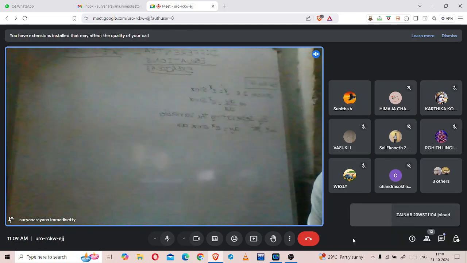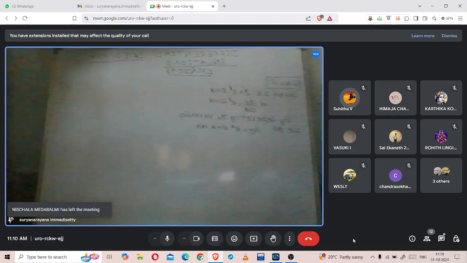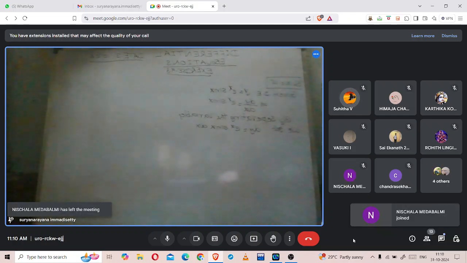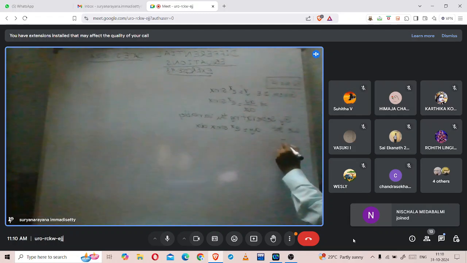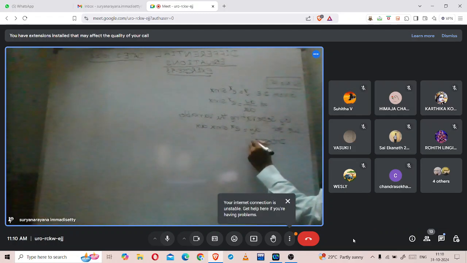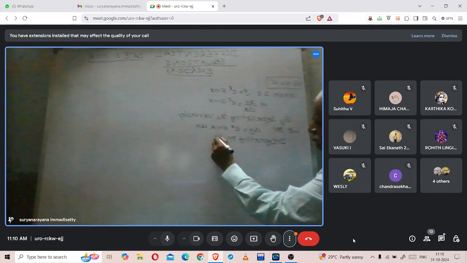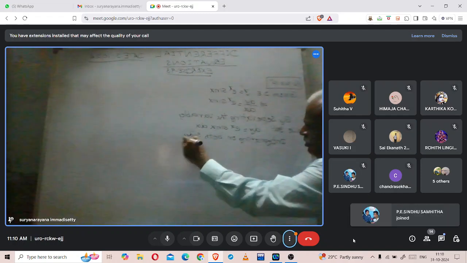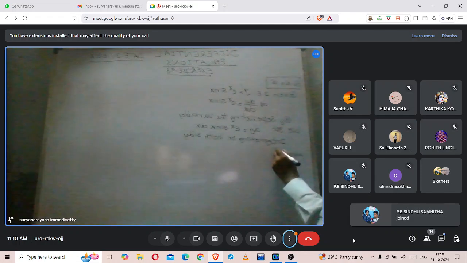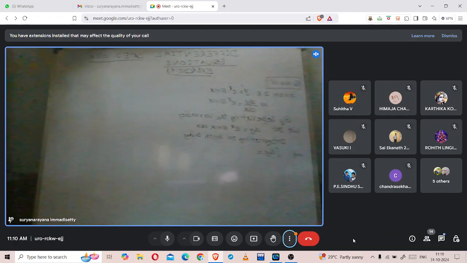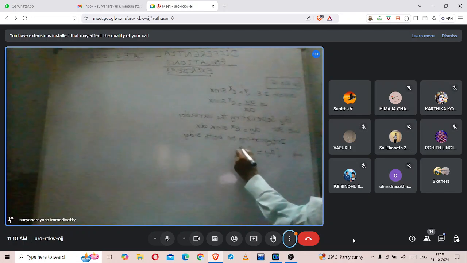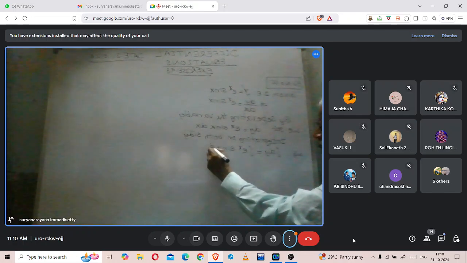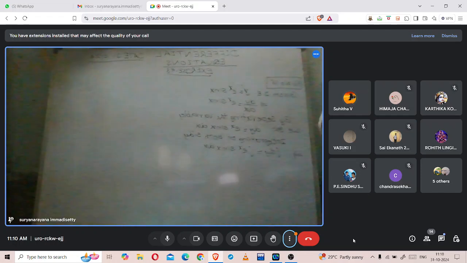Now, how do you proceed? Integration on both sides. Integrating on both sides, this implies integral dy is equal to integral e power x into sin x dx.